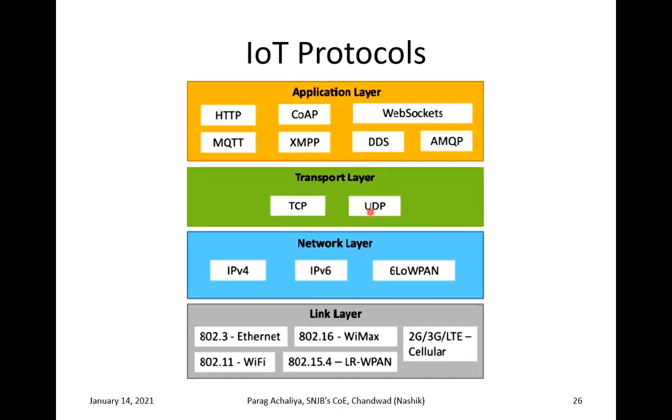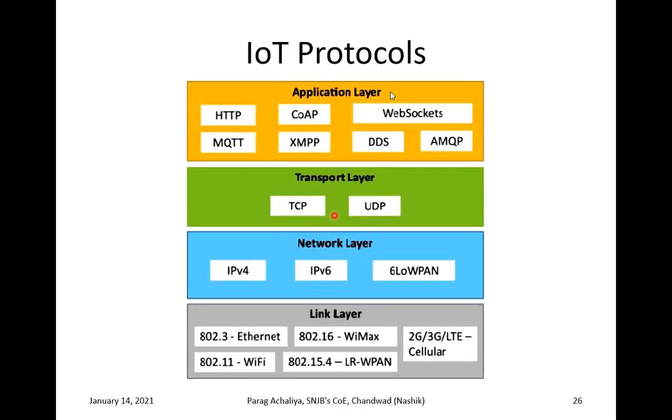TCP is reliable. That means whether your packets are delivered or not, an acknowledgement is going to be received in these protocols. So these are the transport layer protocols, TCP and UDP. The basic difference between TCP and UDP you all are aware of. You saw the differences, the protocol stack, the header structure, everything related to TCP and UDP. You have already gone through it in your CNT subject.